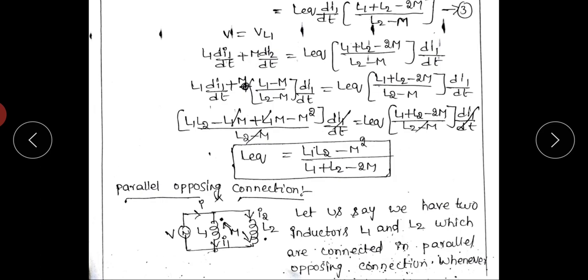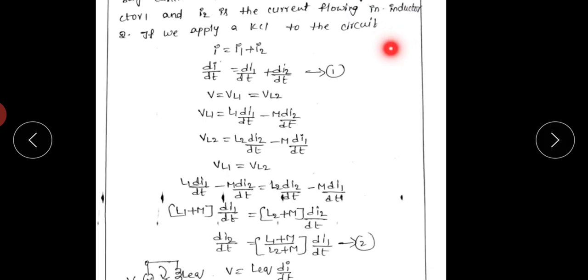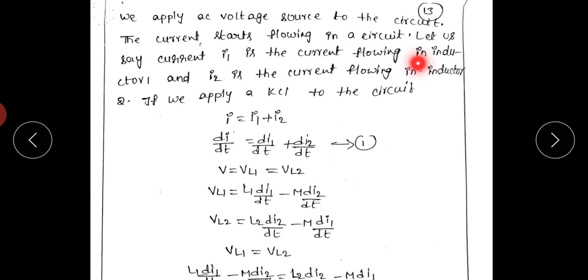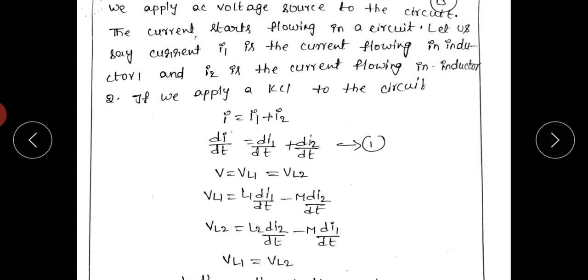Okay, let us say we have two inductors L1 and L2 which are connected in parallel opposing connection. Whenever we apply an AC voltage source to the circuit, the current starts flowing in the circuit. Let us say current I1 in the first inductor and I2 flowing in inductor 2 or coil 2. Now applying KCL, I equals I1 plus I2.